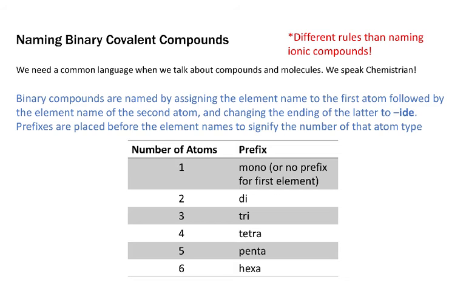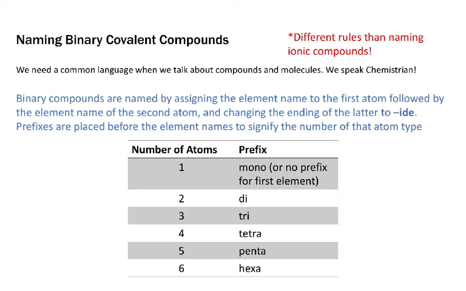Alright, so we need a common language when we talk about compounds and molecules. We speak chemistrian, right? We need to learn how to speak chemistry so we can understand each other. And so there are some rules for naming compounds. The covalent compound rules are slightly different than ionic compounds because ionic compounds only can form in very specific ways, right?